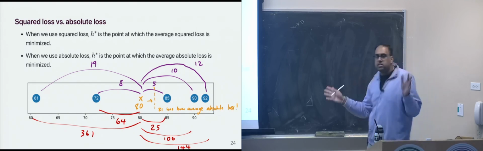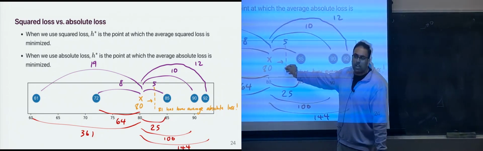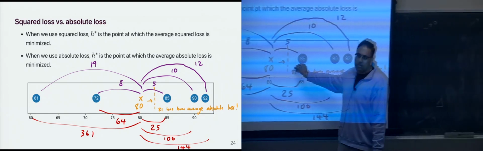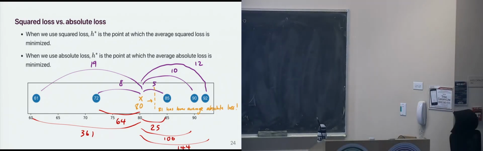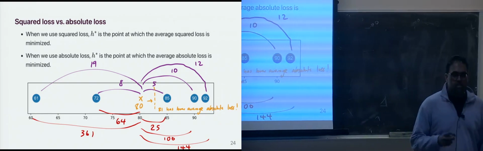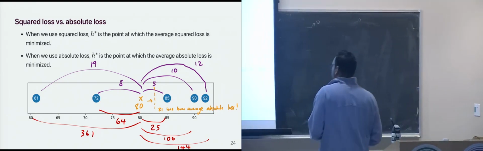If you had to guess, because 81 has a lower average absolute loss, but then I could repeat that argument again. 82 would be even smaller. 83 would be even smaller. 84 would be even smaller. What do you think the optimal prediction is using absolute loss? Hunter? It's the median. Okay. Well, is it? I don't know. We'll find out. Good guess.